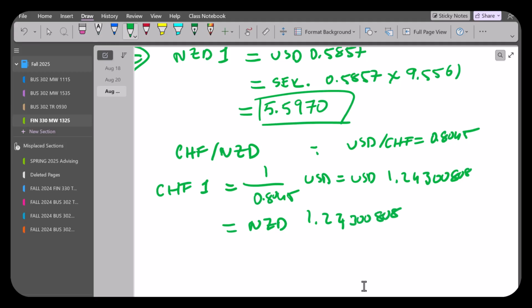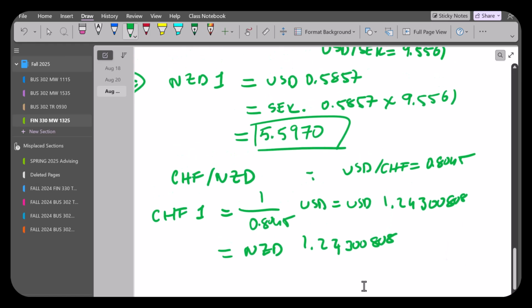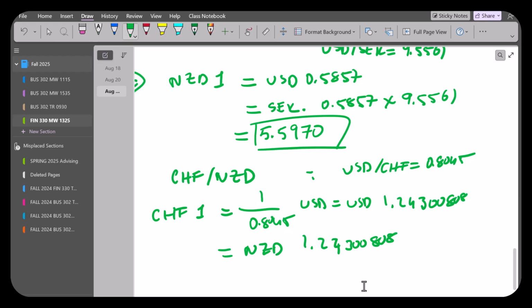Well, that rate is 0.5857, but that's value of 1 New Zealand dollar in US dollars, right? So to convert my dollar into New Zealand dollars, again, I need to flip it.